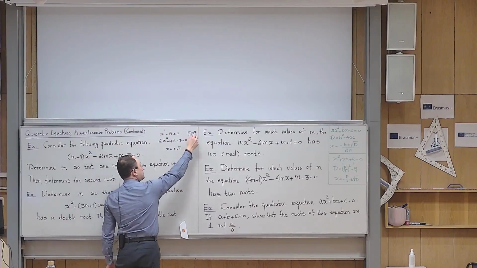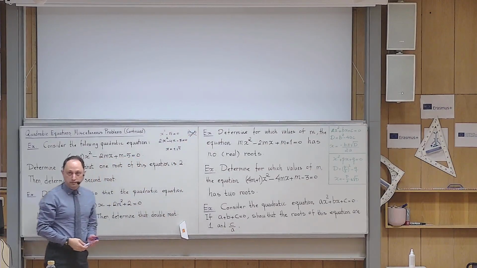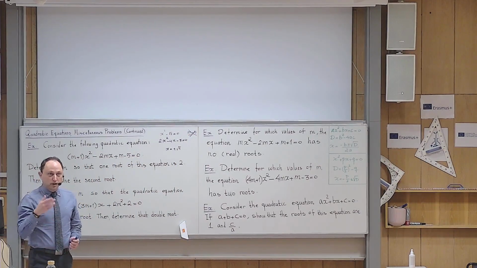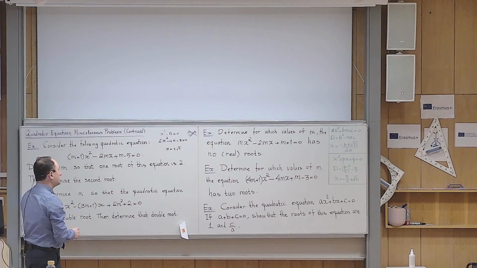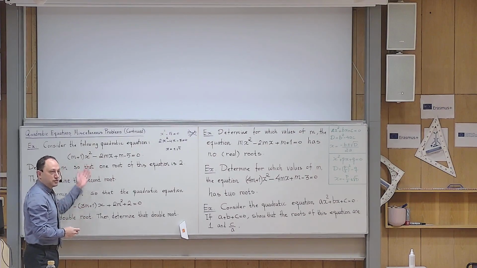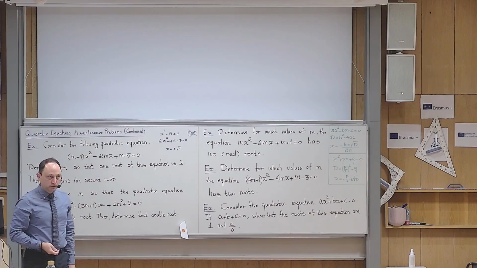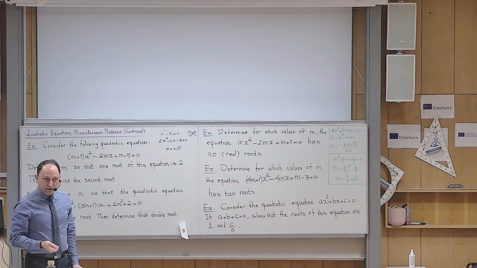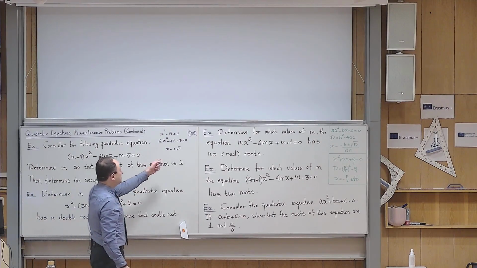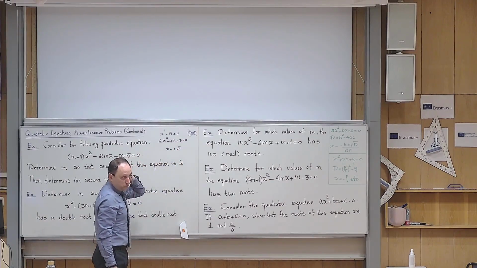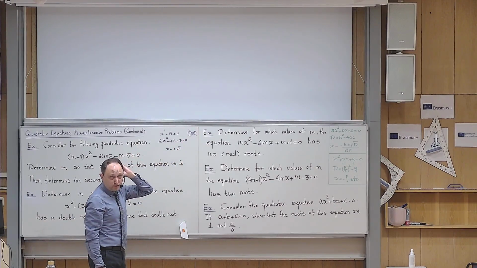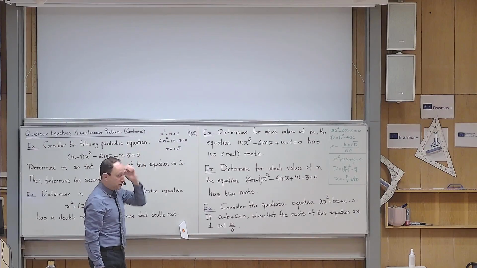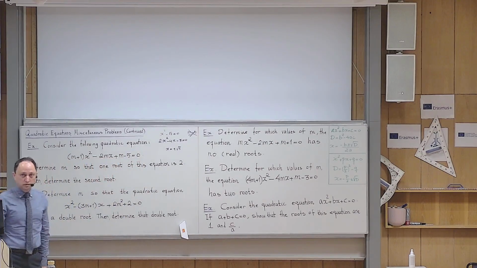So m equals to 0 does not work. Is that clear? But my question is that I cannot start testing all possible values to see which one works. So I want to find a systematic way to fine-tune that m that exactly works in this way. Understandable or not? Yes or no? Yes. Okay. So how should I do that?